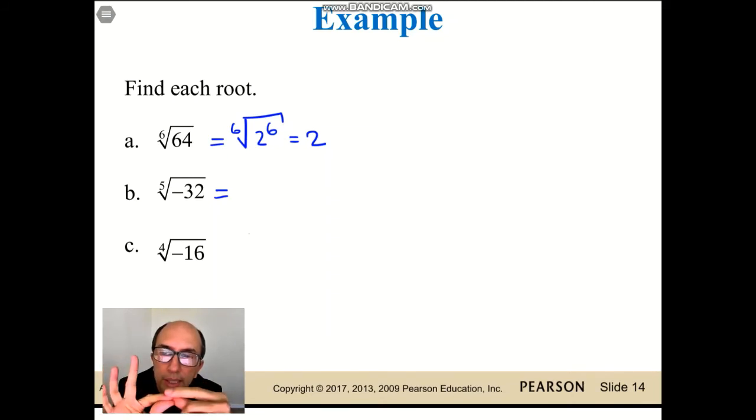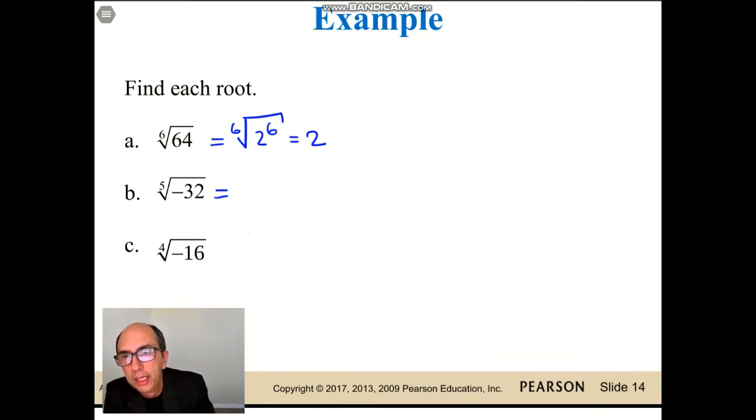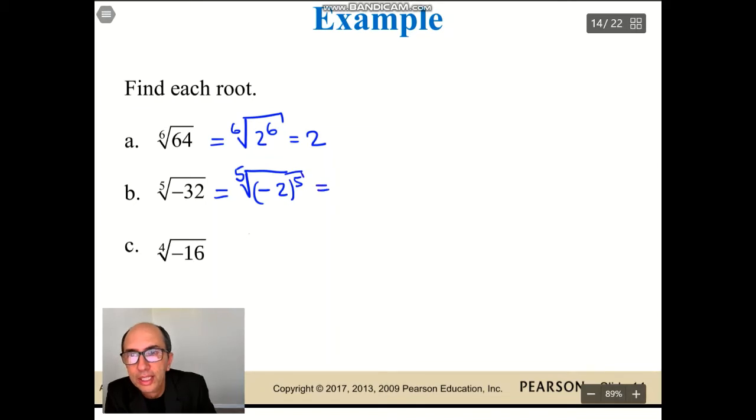Negative 2 times negative 2 is positive 4, times negative 2 is negative 8, times negative 2 is positive 16, times negative 2 is negative 32. That means the 5th root of negative 2 exponent 5 is equal to negative 2.